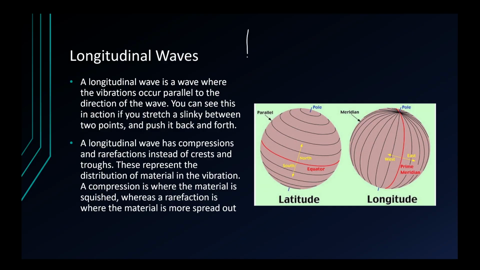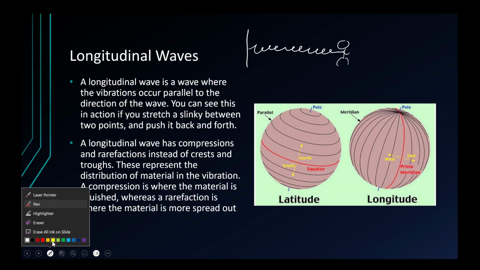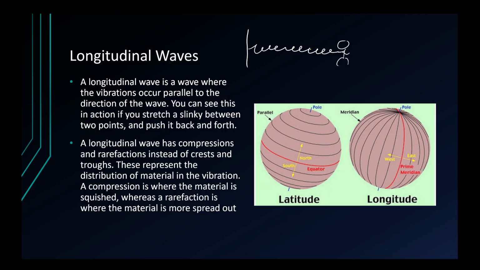Well, imagine a person, my beautiful rendition of a person, with a slinky on a wall, and they decide to push the slinky back and forth. I will draw the direction in which the person is pushing or pulling, so the force applied.